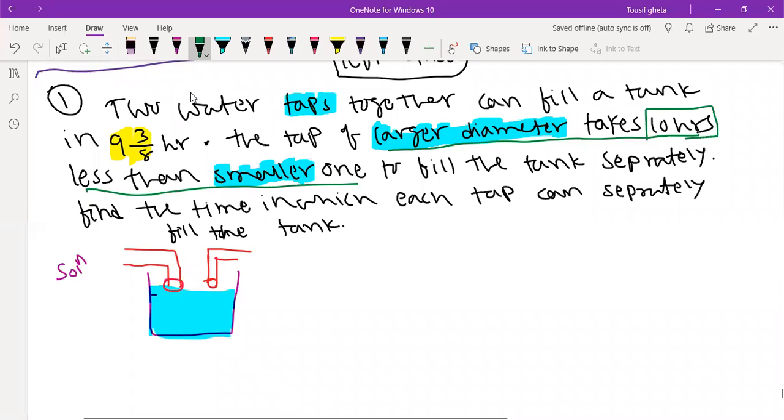Whatever time is taken by the smaller diameter tap, the larger diameter will take 10 hours less. Can you tell me, if smaller diameter will take x hours, then what will the larger diameter take?